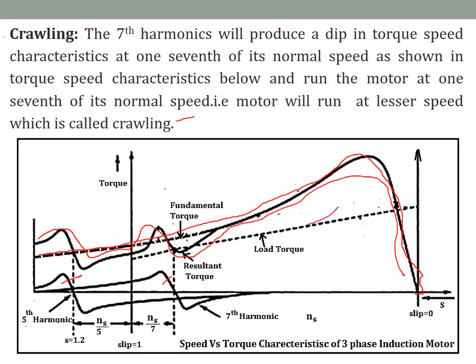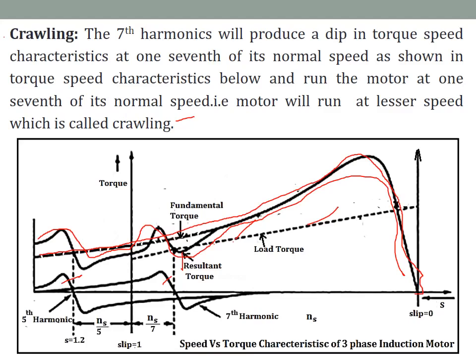Okay. So the torque produced by the motor should be more than this load torque. But at this point you can see here the torque produced by the motor will be less than the load torque. So the motor will not produce the required amount of load torque at 1/7 of its speed because of this seventh harmonic.